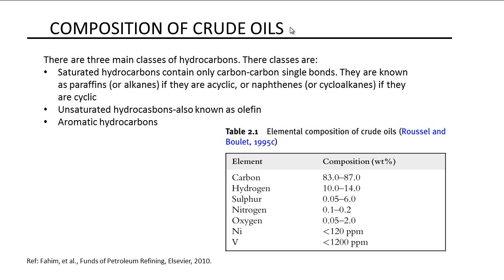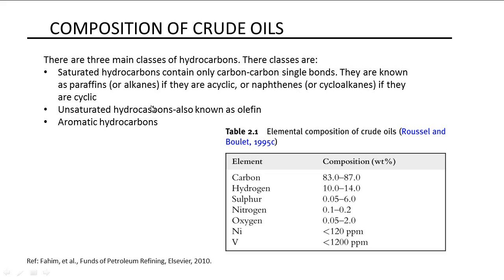Now come to the composition of the crude oils. There are three main classes of hydrocarbon. These are saturated hydrocarbons, unsaturated hydrocarbons, and aromatic ones. In saturated hydrocarbons, we are talking about carbon-carbon single bonds, and they can be split into paraffins, or as we knew before, alkanes. And the other kind of saturated hydrocarbon is cycloalkanes, or what we call in the refinery naphthenes.